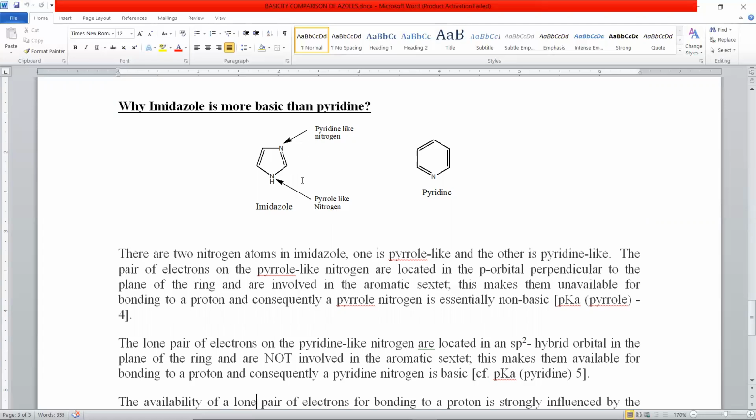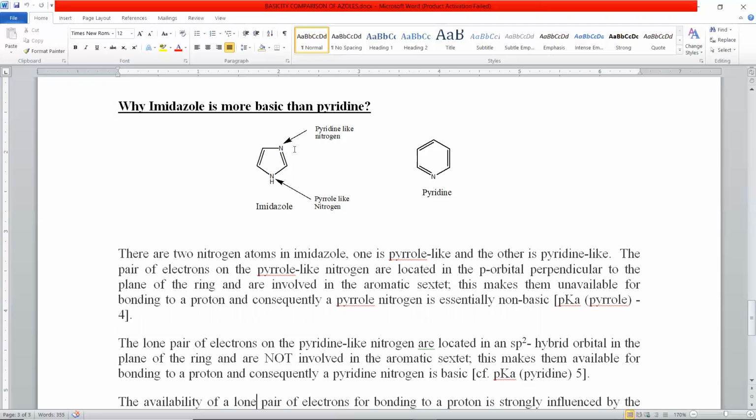of nitrogen. The lone pair of electrons on the pyrrole type of nitrogen is in a p orbital. The lone pair of electrons on the pyridine-like nitrogen is in an sp2 hybrid orbital. Pyridine is a 6-membered ring system, and the nitrogen atom contains the lone pair in an sp2 hybrid orbital.